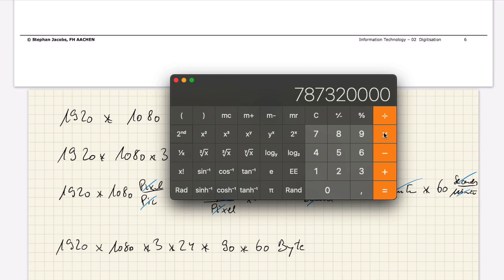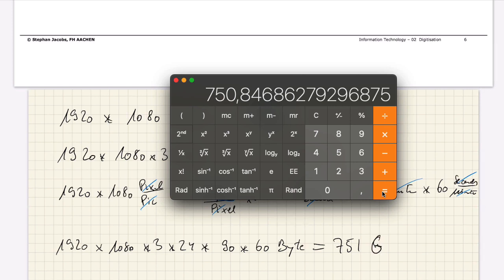We have kilobyte divided by 1024. Now we have megabyte. I divide it by 1024. Now I do have gigabyte. So we have roughly 750 or 751 gigabyte.